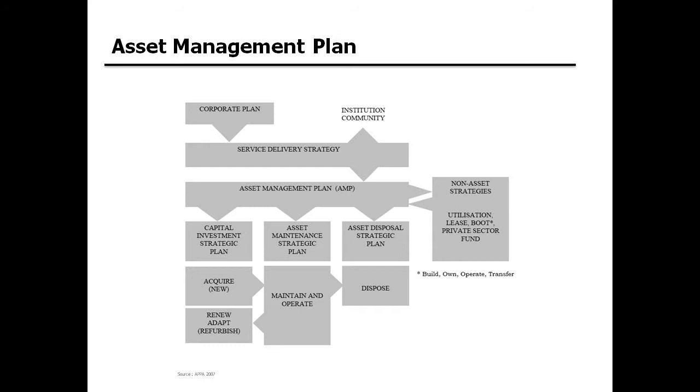So if we look at this diagram here, again you can see the asset management plan with, below the asset management plan, those components of it: the capital investment plan, the asset maintenance, and the asset disposal strategy, and below those the maintenance and operation issues.